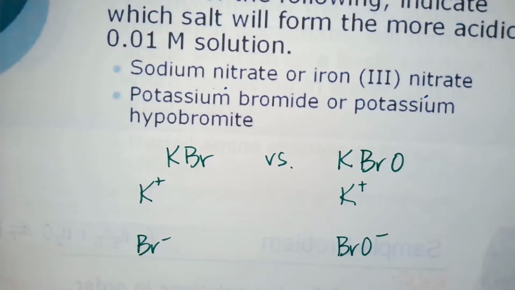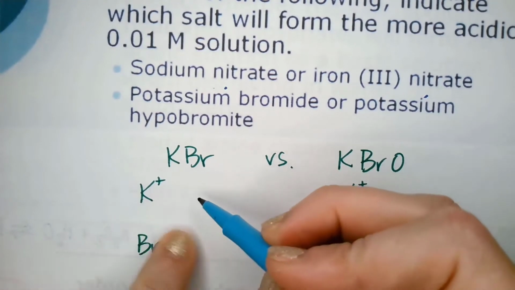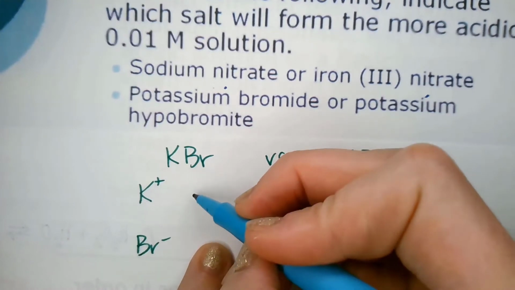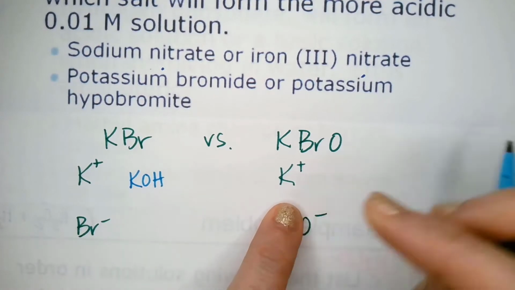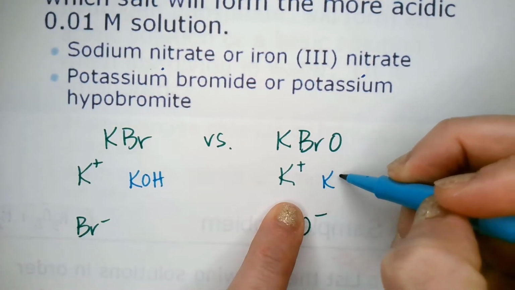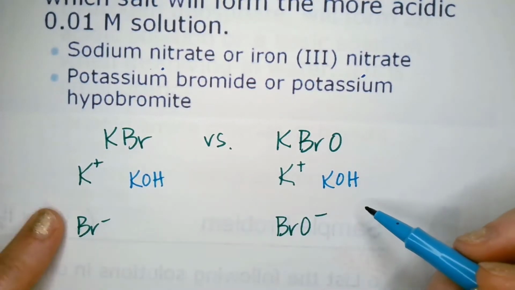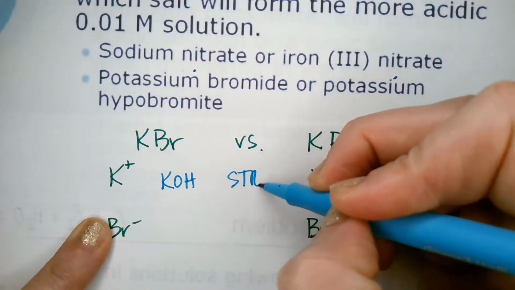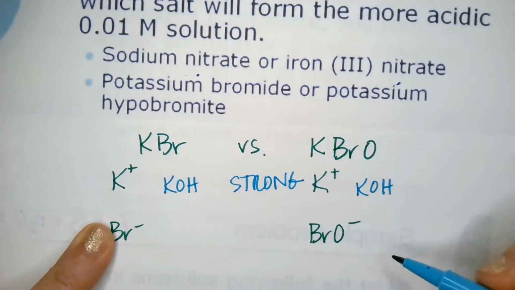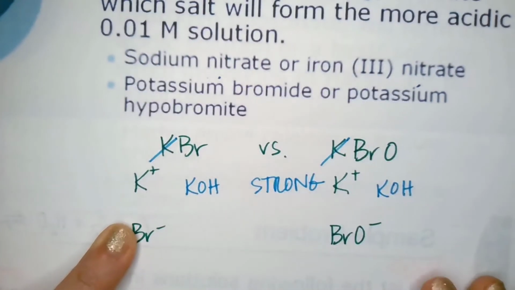Now let's look at the parent base. The parent base to K would be KOH. Same with here, parent base KOH. And we know that KOH is strong. No effect on the pH.